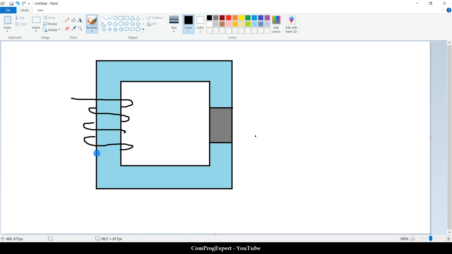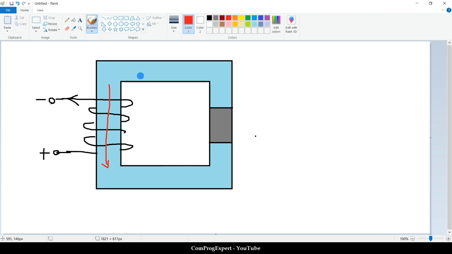Okay, so this is, for example, the direction of the current. We can connect this terminal to the positive DC link voltage and this one to the negative. This will be the direction of the field generated in this core.